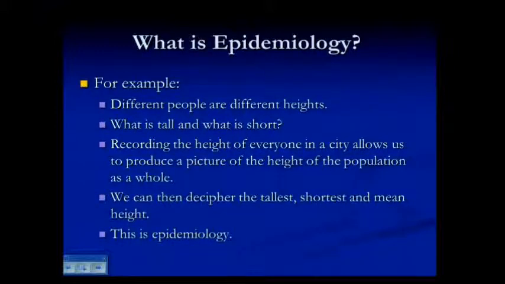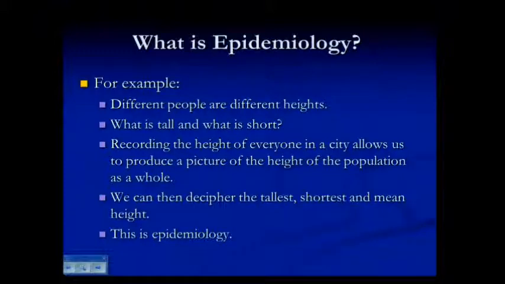So, for example, we all know that as a population we're all different heights. Very few of us are all exactly the same height, we all vary. But how do I know that for a woman I'm quite tall? Or that my dad, who's 5'5", for a man is quite short? Who's decided that?